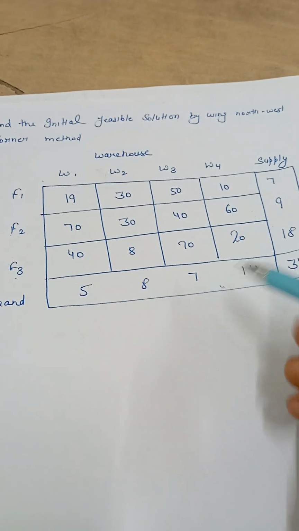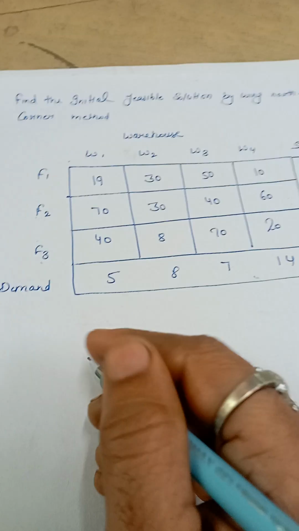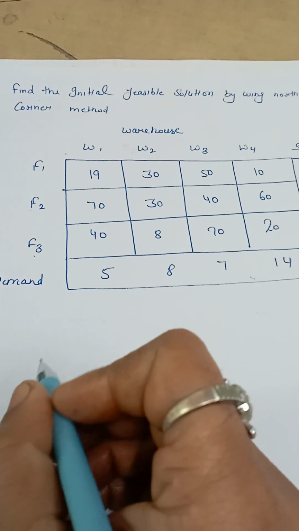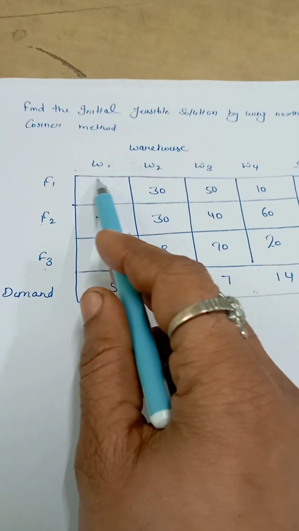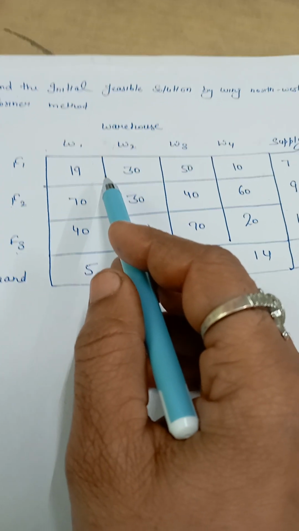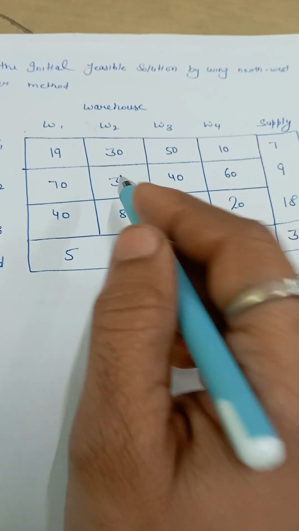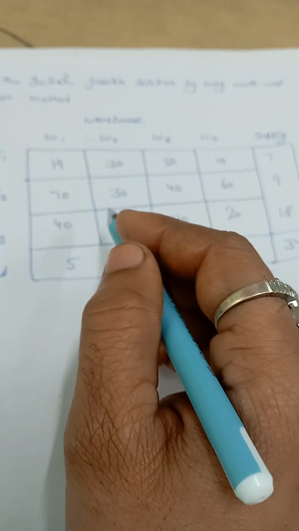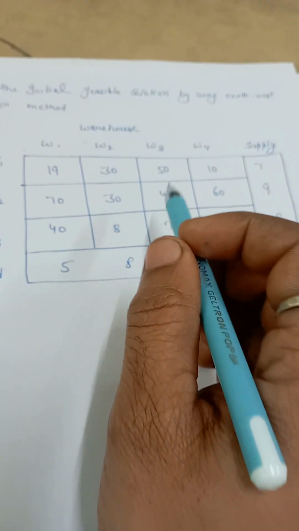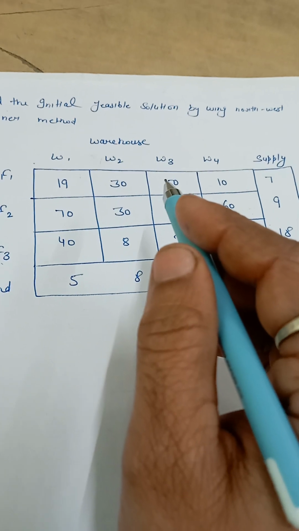First of all, when we start the north-west corner method, we start with cell 1 1. This is the cell 1 1 at the upper left northwest corner of the transportation matrix, and allocate as much as possible such that either the supply of the first row or the requirement of the first column is satisfied.